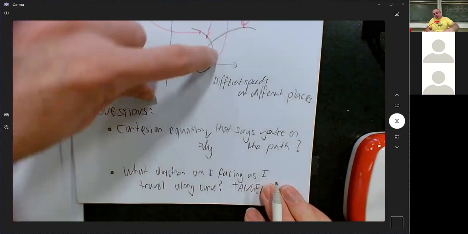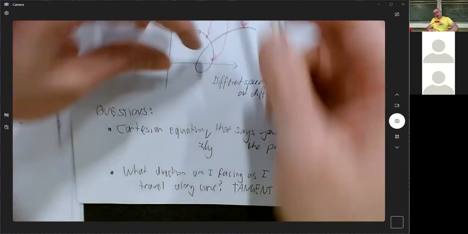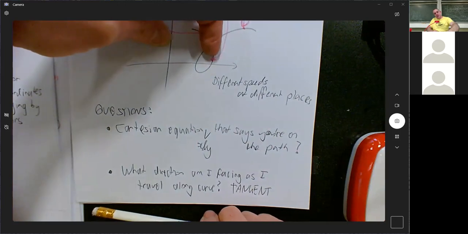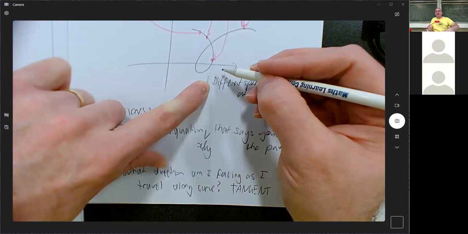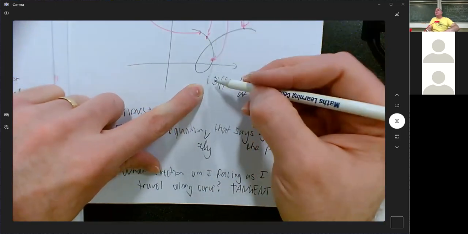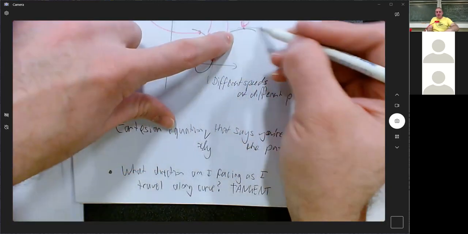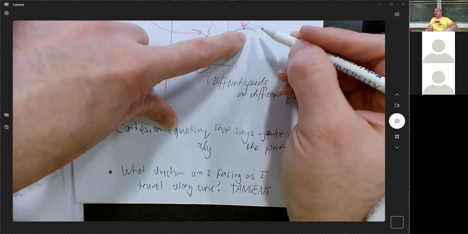So if I was a very small animal living on this curve, I would be facing, as I come past this point, down there. And that is the same direction that the tangent's going. Whereas over this point, I'd be facing that way. That's the direction the tangent's going.